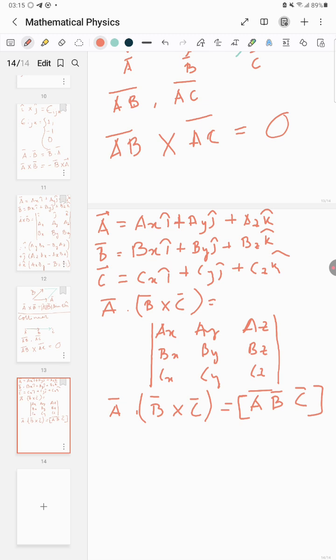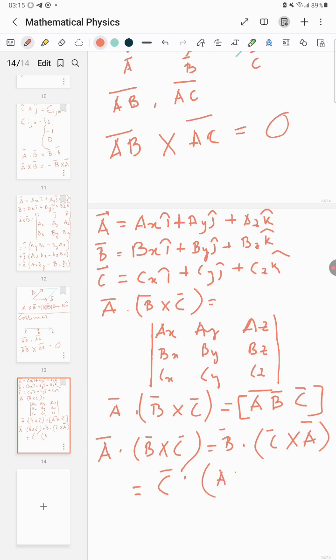Also, there's another property associated with it, which says that A dot B cross C will give the same value as B dot C cross A, which again will give the same value as C dot A cross B.